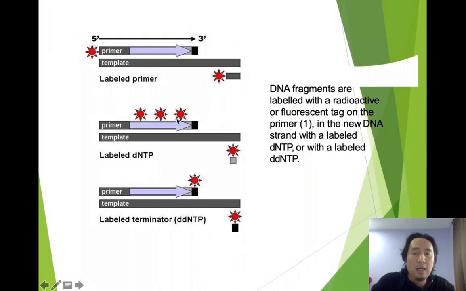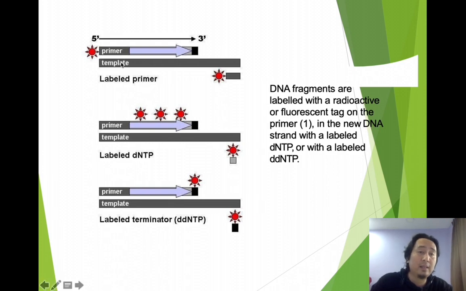You can also label dNTP, or you can also label ddNTP, but only at the end. Right, ddNTP at the end. So there are 3 ways how you can label your end product.